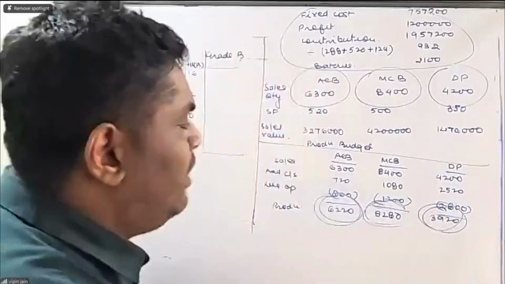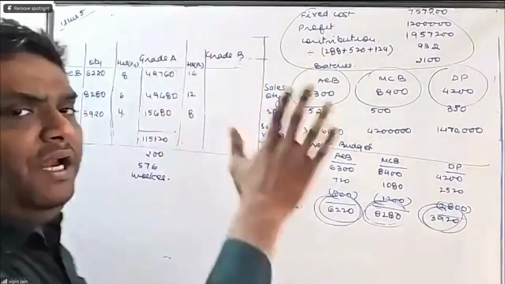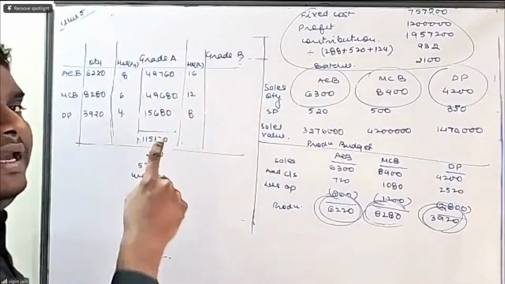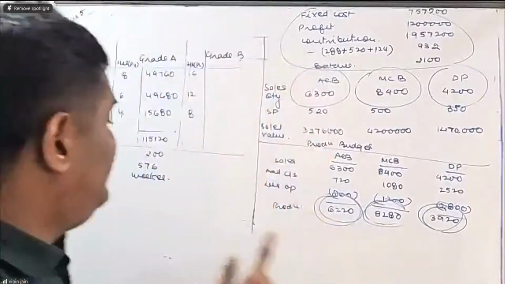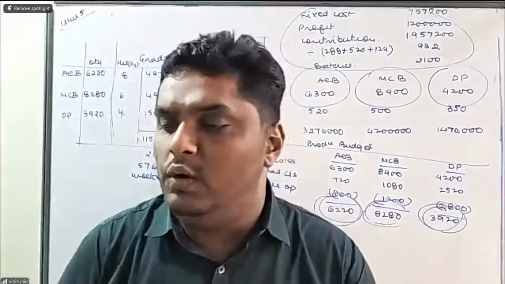When talking about labor hours, we have the production data ready now. If we multiply it with hours, we will get the total hours required, into one worker needing 200 hours. So in short, we need 576 workers of grade A, and similarly you can calculate for grade B.